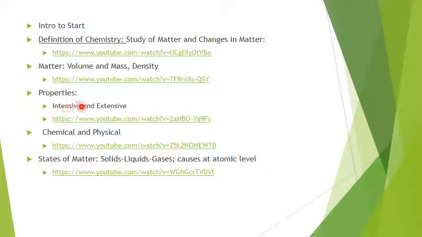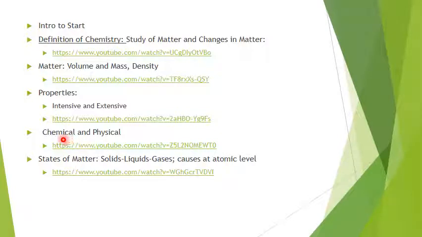So intensive and extensive properties, what those are. Intensive properties are physical properties that are not reliant on mass, and extensive properties are the opposite. And you'll see that as you watch this YouTube.